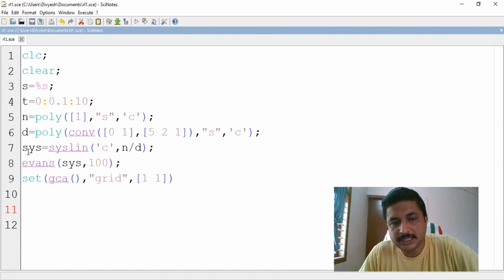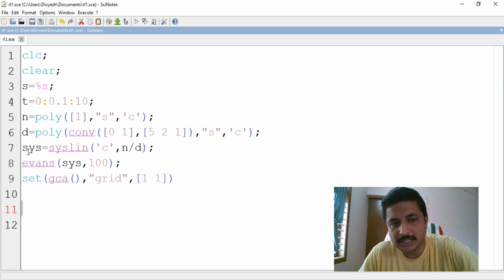This K max will vary with different questions. In this particular question, when I do my theoretical calculations, I understand that my system is stable for any value K less than 10. So I need to have a root locus plot for values more than 10 also, because the root locus will cross the imaginary axis and it will follow the asymptote line. Now till what value do I have to plot?